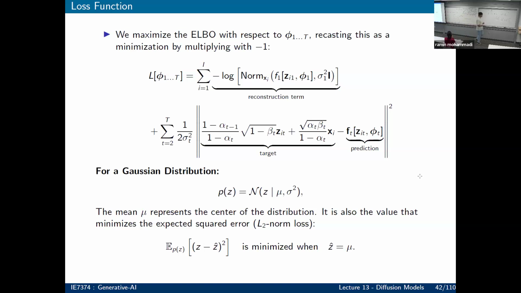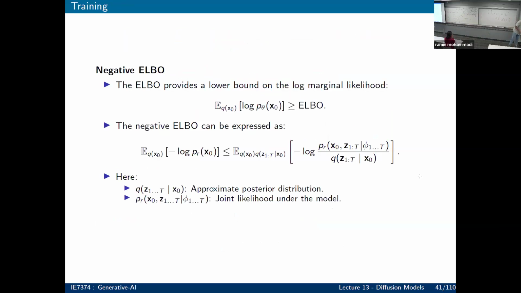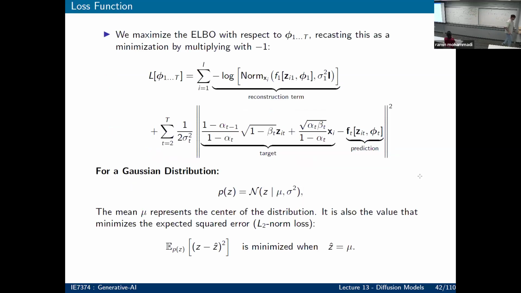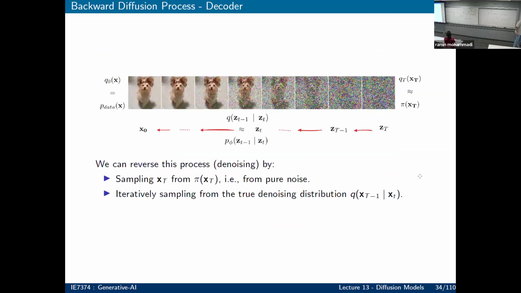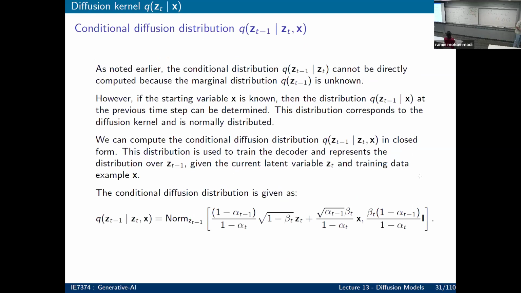The second term on the other end comes from the denominator. If you think about the denominator, it's the conditional of all latents given the data. That's the conditional. And we already saw that we can calculate that using somewhere here.